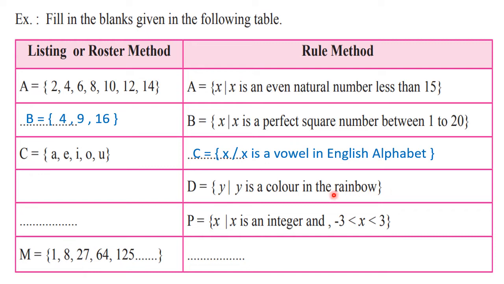Okay, but still if you cannot recall, then you have to use the word VIBGYOR. You can write it somewhere. So these are the first letters, initials of those 7 colors.